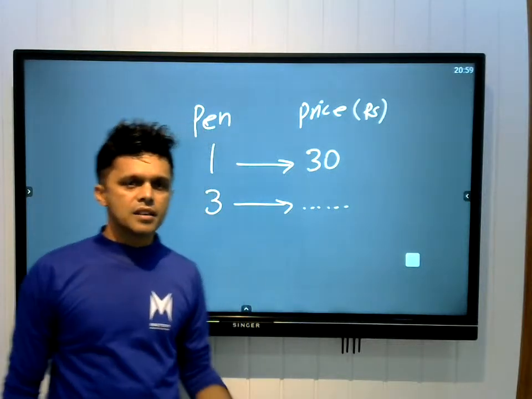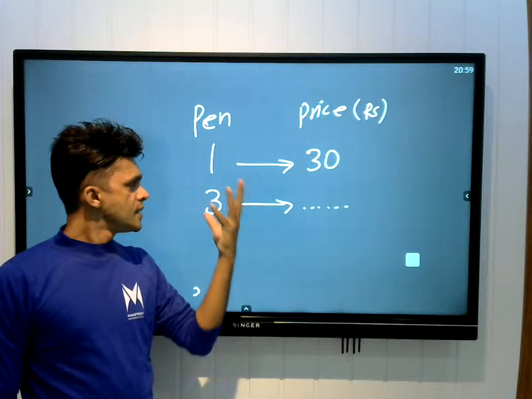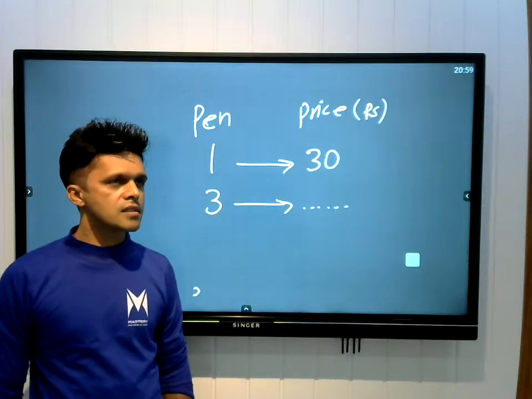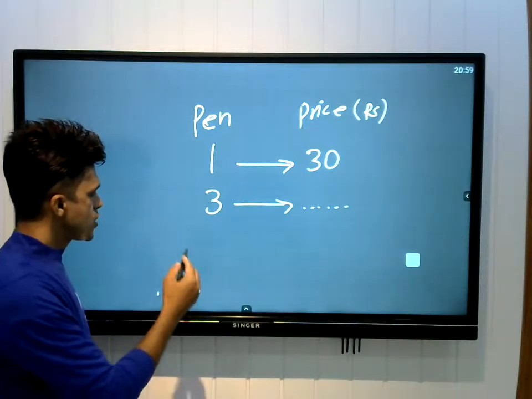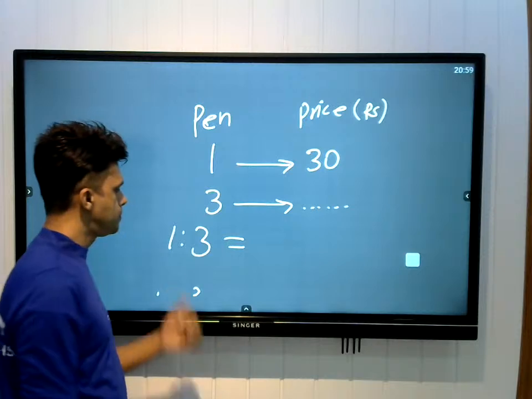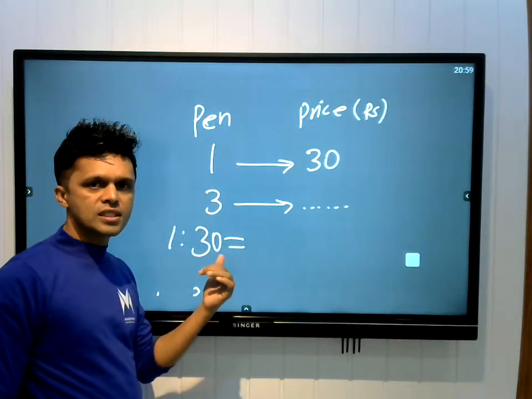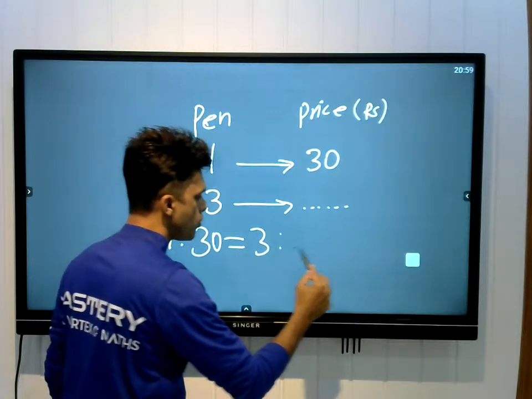One pen can be bought for 30 rupees. 3 pens can be bought for 30 times 3. This can be entered here: one pen can be bought for 30 rupees, 3 pens can be bought for this value.